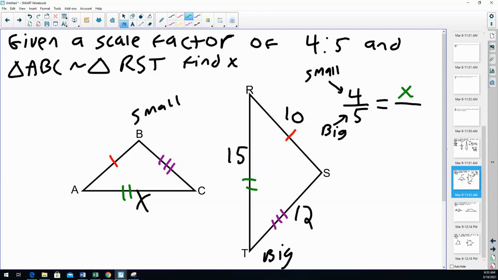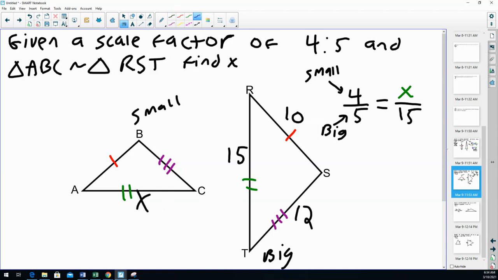Now the number that matches up with X is going to be 15, right? 15 has the two green lines. So that's small triangle, X goes on top. Big triangle, 15 matches up with X, they're both the double green lines, 15 goes on bottom.